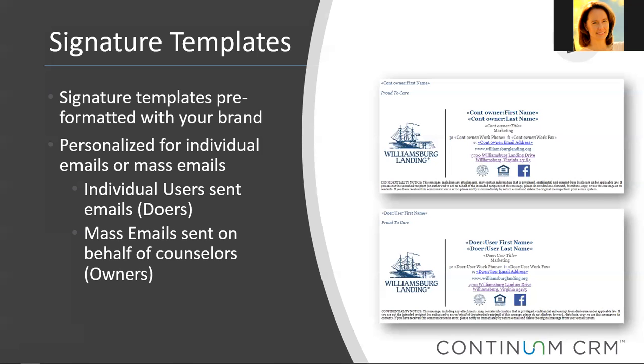And so I can, as a marketing resource, put together a communication that we're going to mass email out to all of our waitlist prospects. But I want each one of the prospects that gets that email to know who it came from. So if they work with Lynn, I want it to look like it came from Lynn. If they work with Mike, I want it to look like it came from Mike. And so we use the personalization of pulling in the owner of the record to facilitate that.